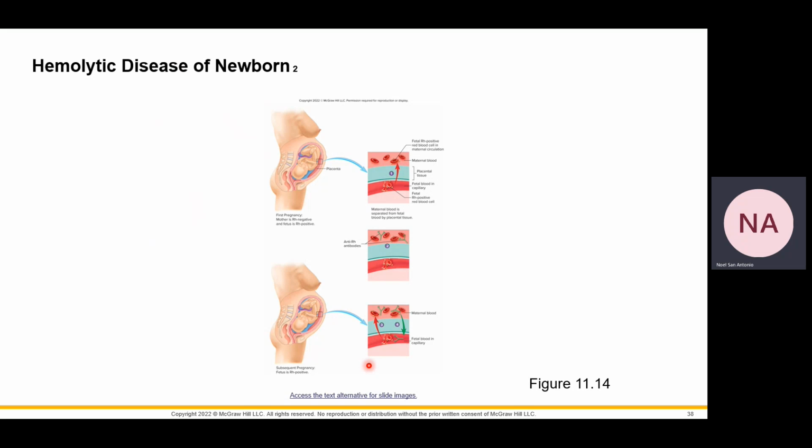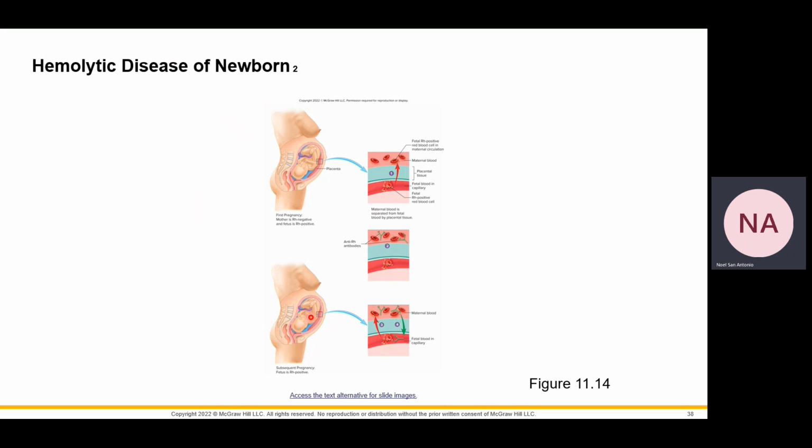Now, in the succeeding pregnancy, halimbawa nagbuntis ulit yung nanay, ang ipinagbubuntis niya, Rh positive pa rin. Yung second fetus na yon will now be affected because the mother already has antibodies against Rh positive blood.